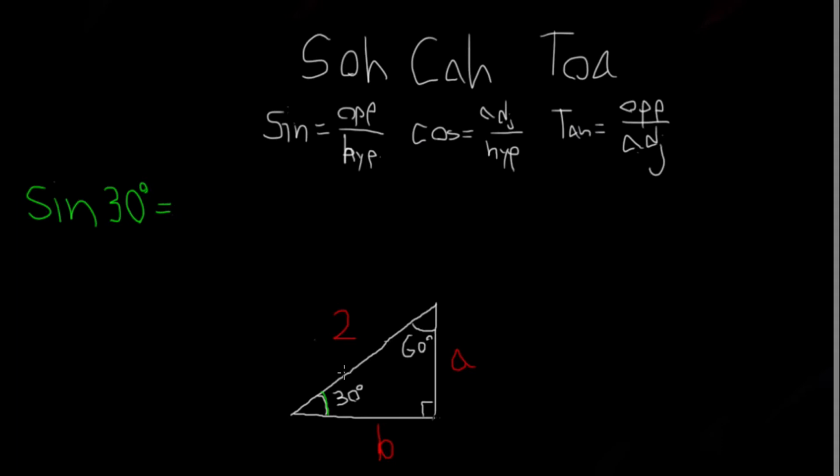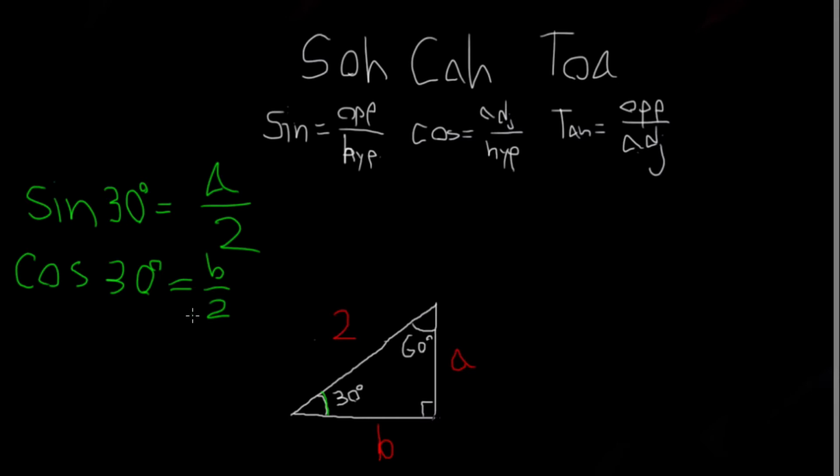All right triangles with a 30-degree angle have a certain ratio of the opposite side to the hypotenuse by the 30-degree angle, and that is constant. This is equal to A over 2, right? Opposite over hypotenuse. Cosine of 30 is equal to B over 2.